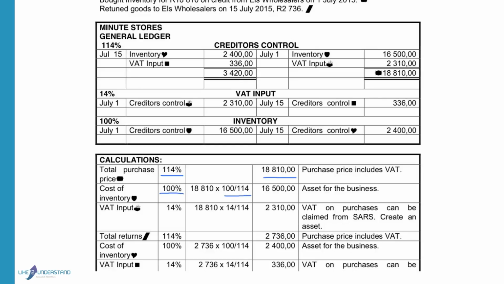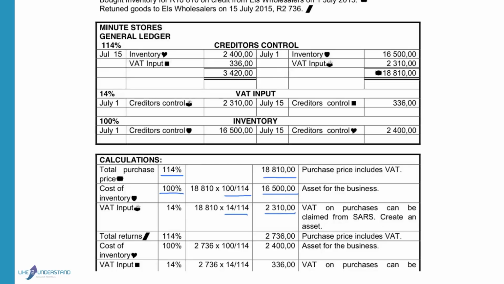So that means that the inventory cost price is 16,500. The VAT is 14 over 114, and that will give me 2,310.